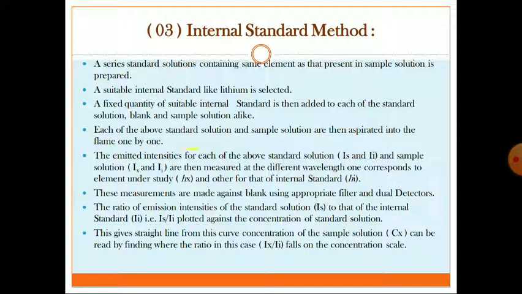Each of the above standard solutions and the sample solution are then aspirated into the flame one by one, and their emission intensity is measured. The emission intensity of each standard solution is IS, and II is the internal standard emission intensity, and IX is the emission intensity of the unknown X sample.